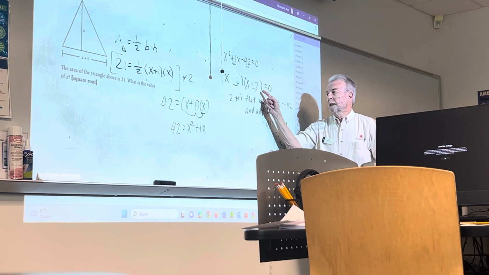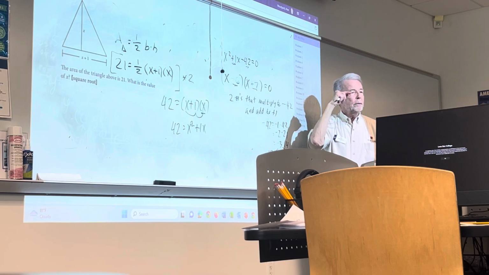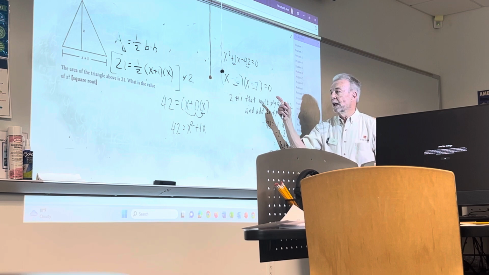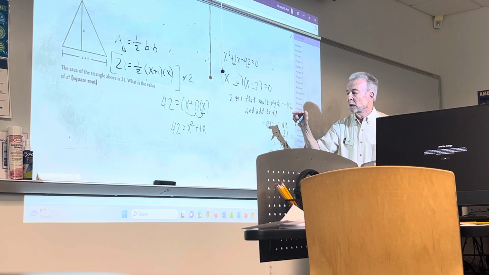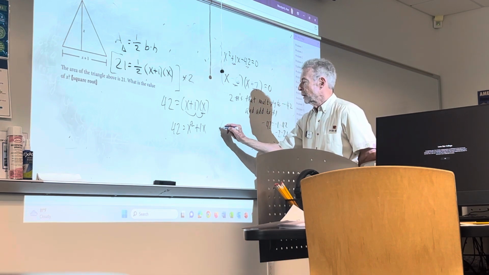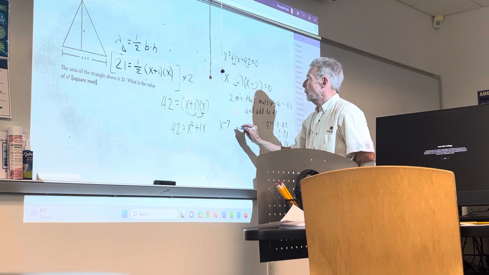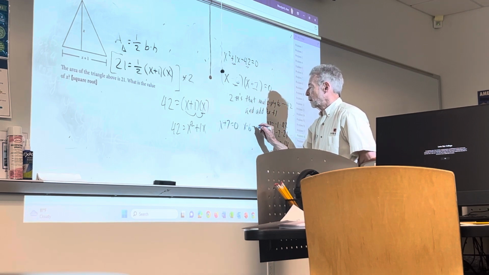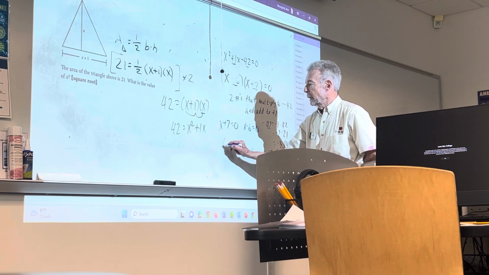Now, if you have two things that are multiplied together to give you 0, one of them or both of them have to be 0. 0 times 5 would give us a 0. 0 times 0 would give us a 0. 7 times 0 would give us a 0. So one or both of these have to be 0. Which one is it? Well, let's just set each equal to 0 and see what we have for x.